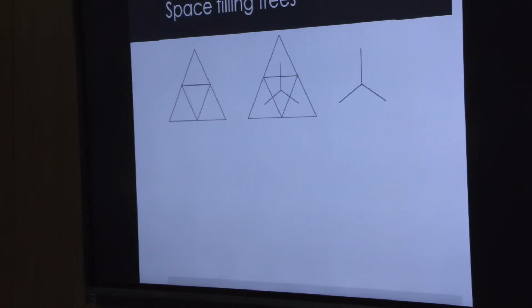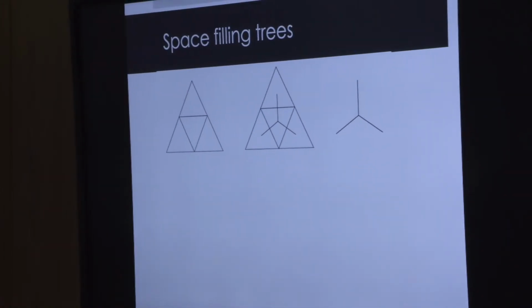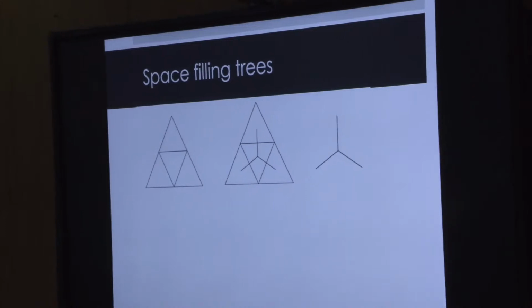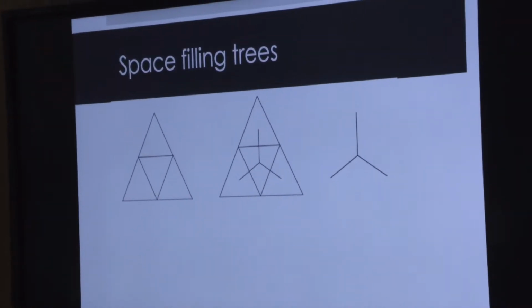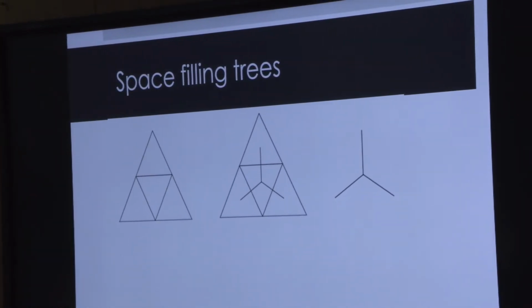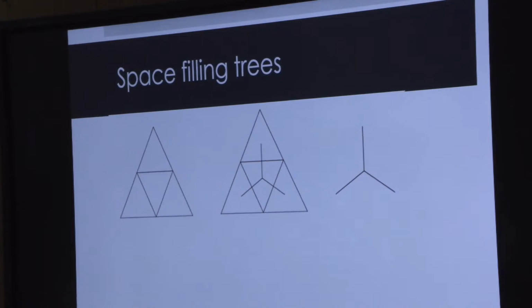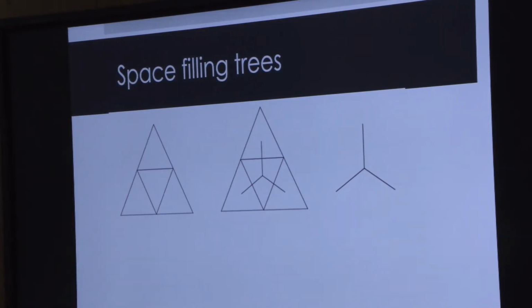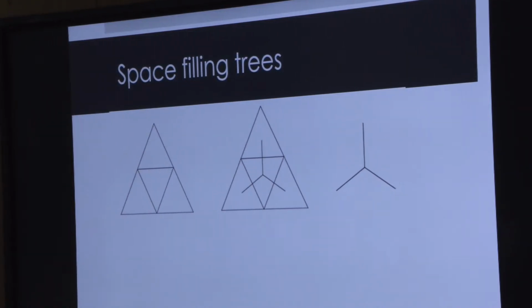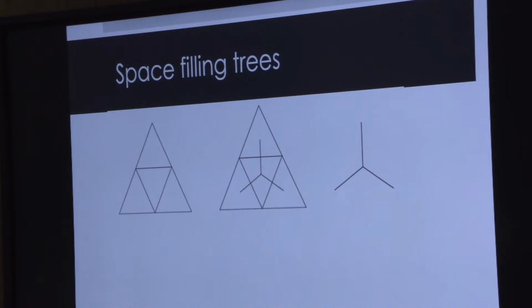In our book we have also talked about space filling trees. Now I would like to engage you in this counting problem. Let's say like the Sierpinski, but it's not a Sierpinski triangle. I just have a triangular grid with four smaller triangles.